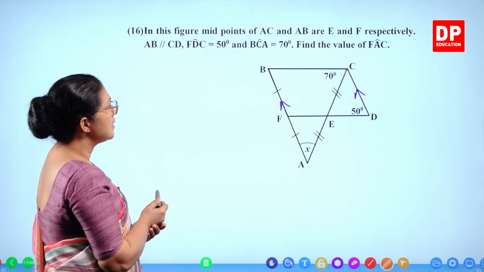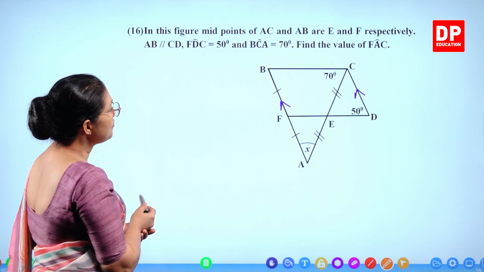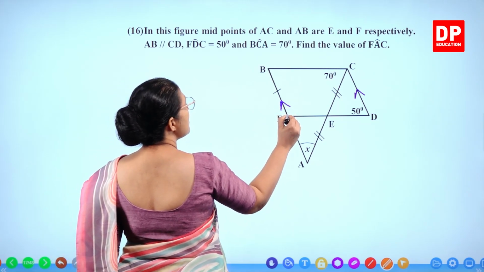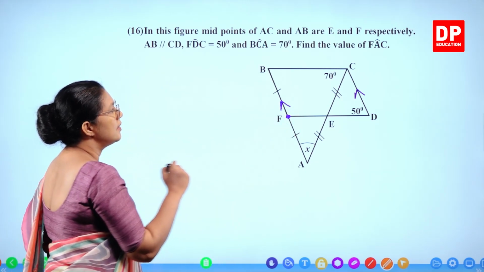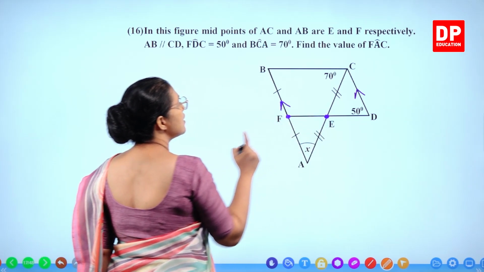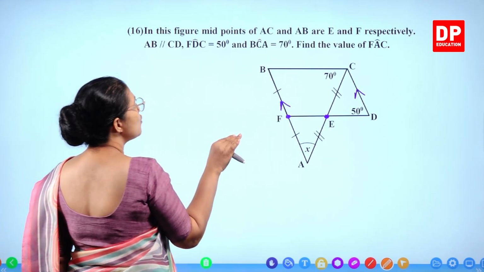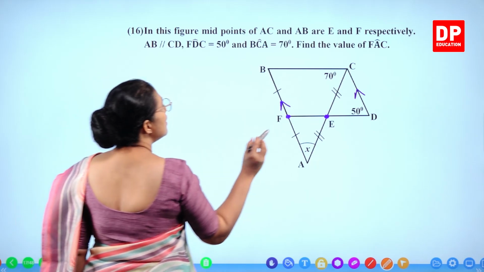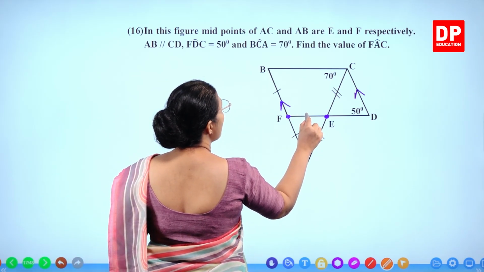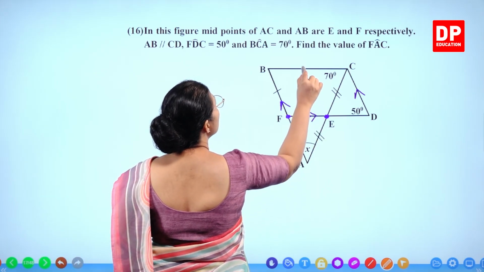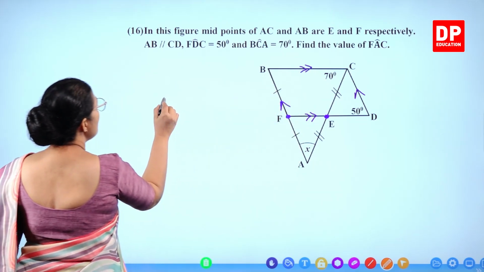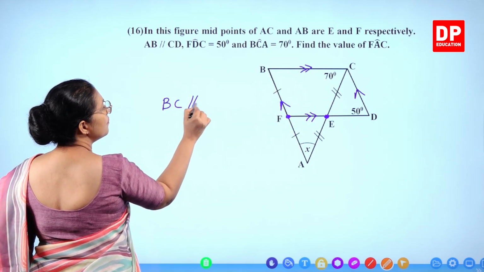We know that here this is the midpoint. This is also a midpoint. According to the midpoint theorem, when you connect two midpoints, the line is parallel to the third side. So you can first write down BC is parallel to EF.